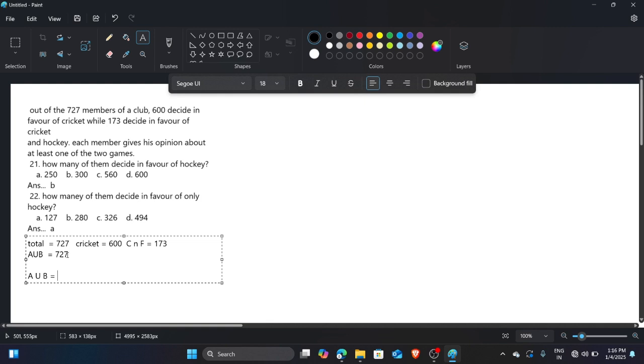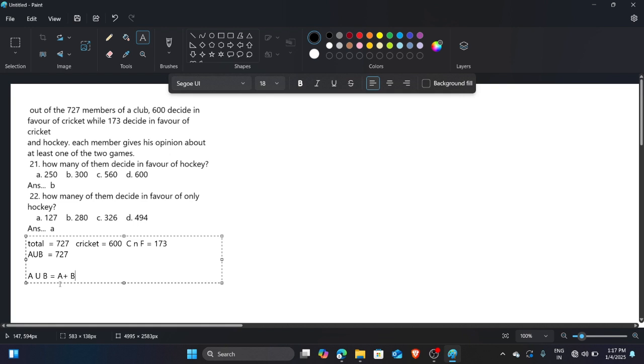We do not count that student two times. So union is the total number of students.